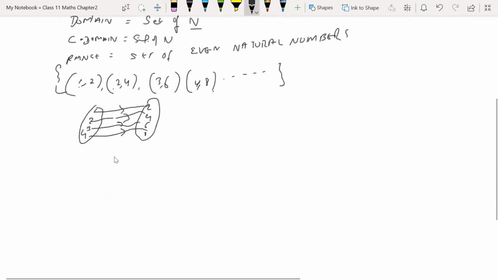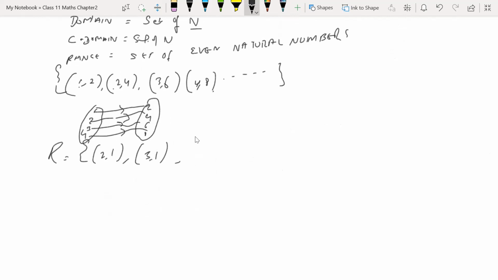Let R be a function. R is a relation: (2, 1), (3, 1), (4, 2). You have to state if this relation is a function or not.